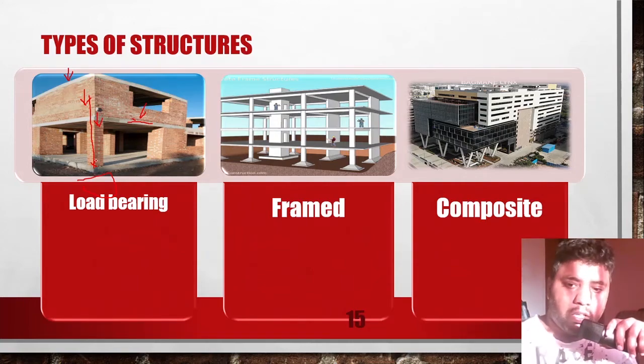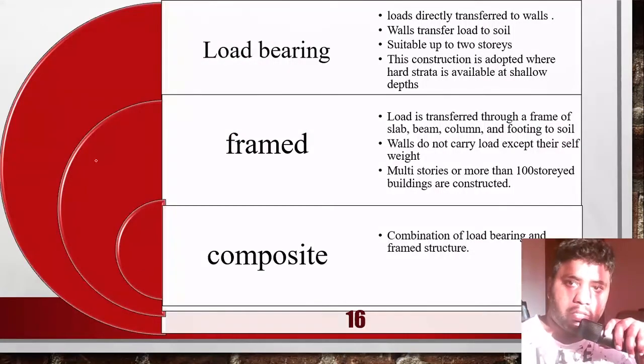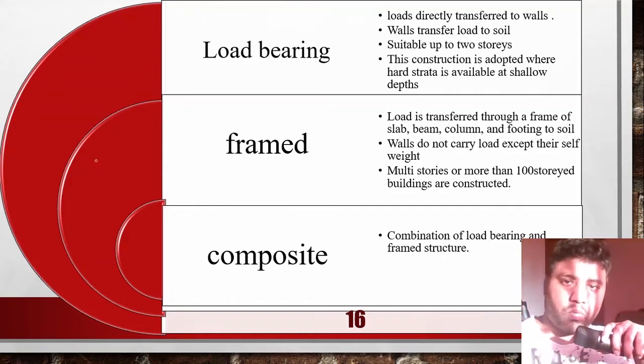These types of structures are known as load bearing structures. They are suitable up to 2 stories only. What is 2 stories? Ground floor and first floor. See, these 2 stories only. This construction is adopted where hard strata is available at shallow depths.